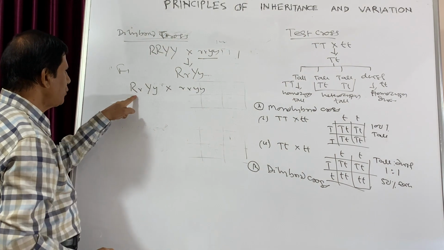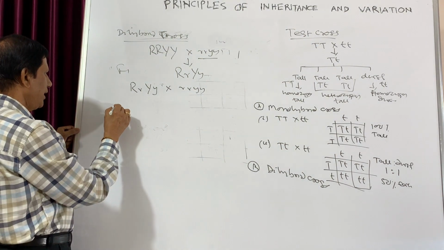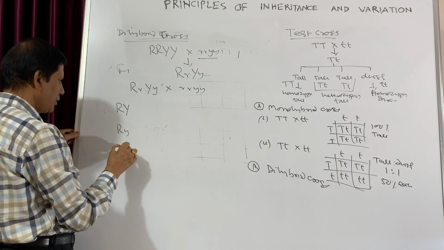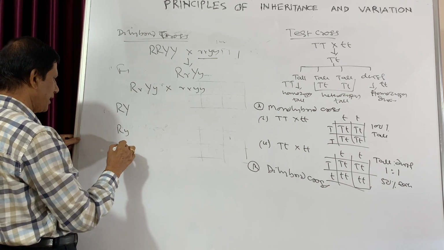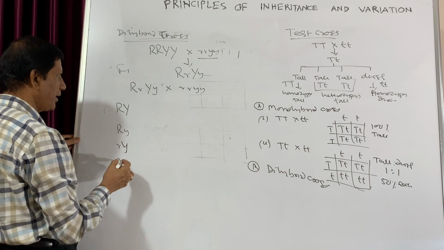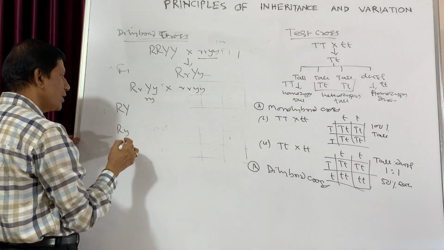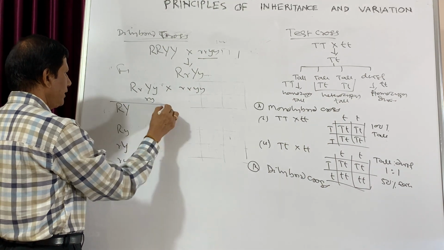Now this will give rise to 4 types of gametes: capital R capital Y, capital R small y, small r capital Y, and small r small y. While the recessive parent will give rise to only 1 type of gametes. So what will be the result you see?